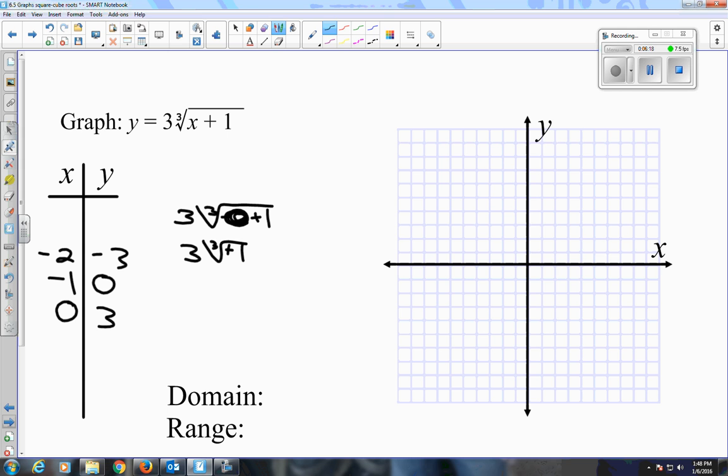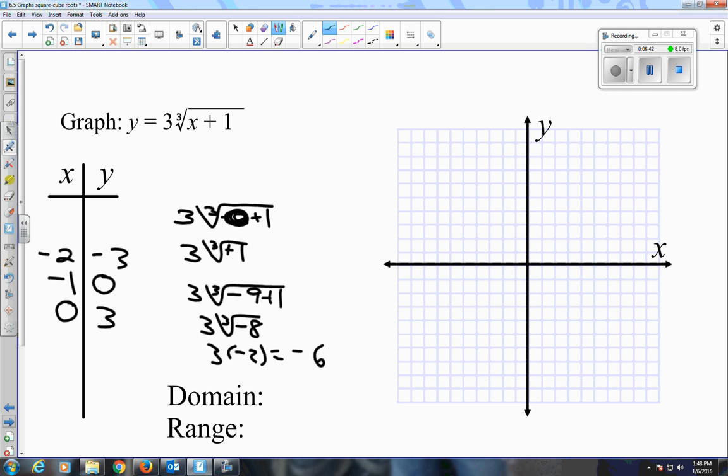Now the next one, I want that to be negative 8. What would I choose x to be? Negative 9. So I'd have 3 times the cube root of negative 9 plus 1, 3 times the cube root of negative 8, 3 times negative 2 gives me negative 6.